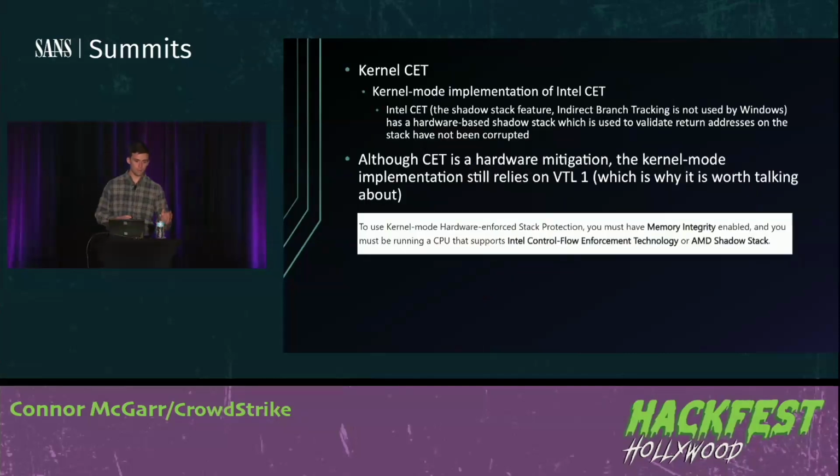Kernel CET. Kernel CET is kind of the counterpart to kernel control flow guard. CET actually contains two features. Windows only instruments one, which is the shadow stacks. Indirect branch tracking is similar to control flow guard, which Microsoft just uses their own implementation of. And it works off of a shadow stack being created of the stack computed. And so all of the return addresses are stored on an immutable, hardware accessible only shadow stack.